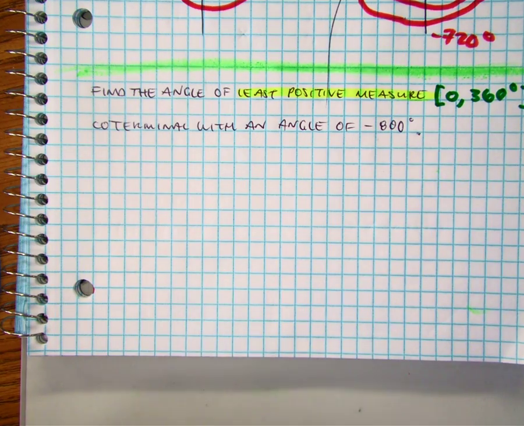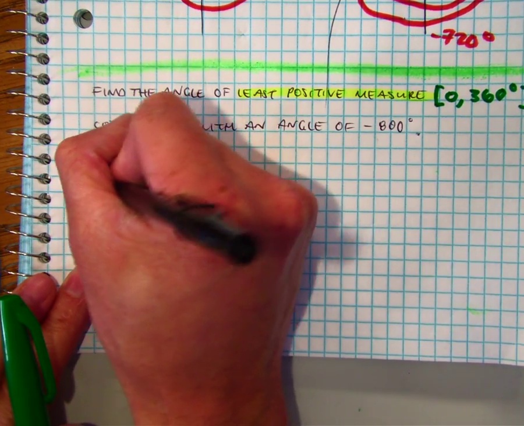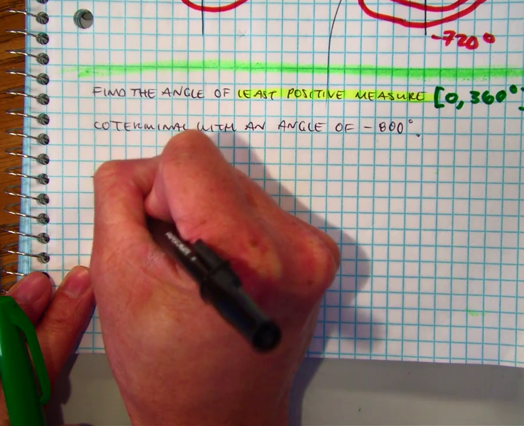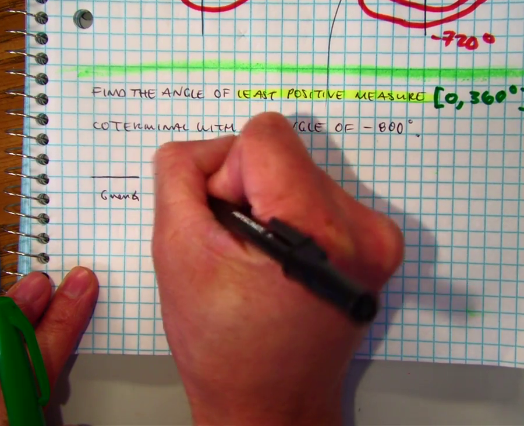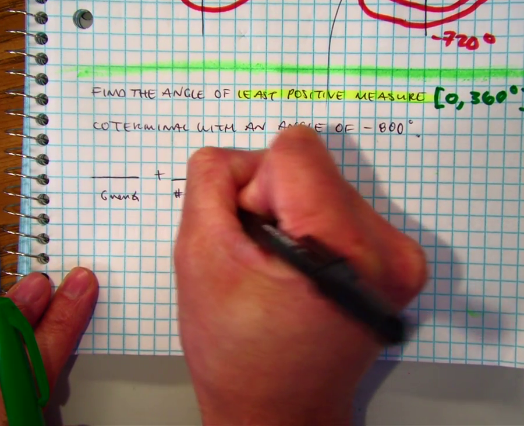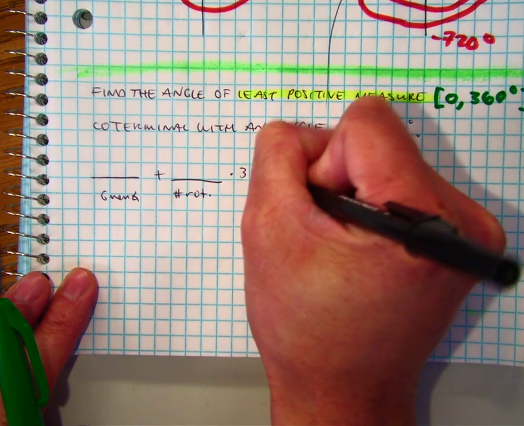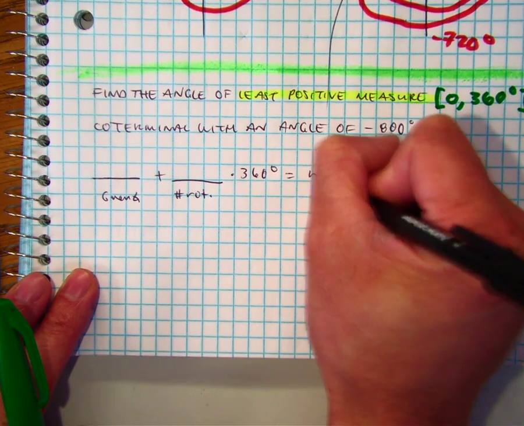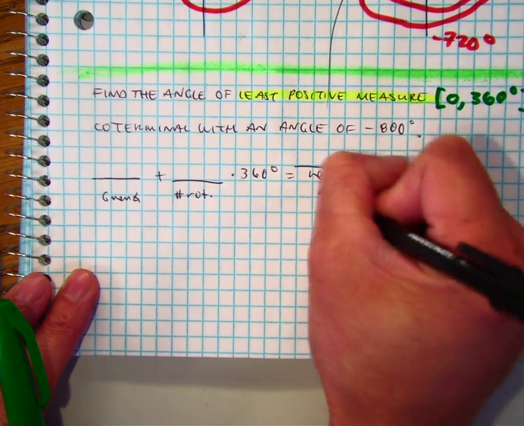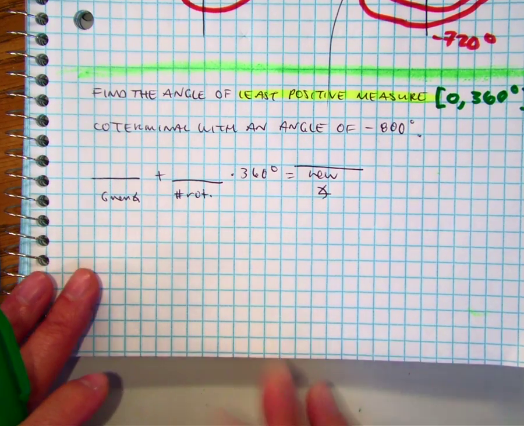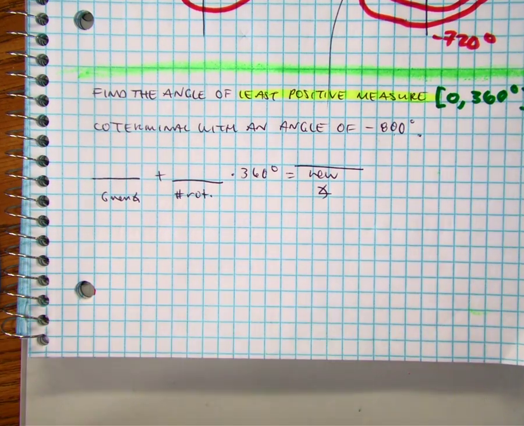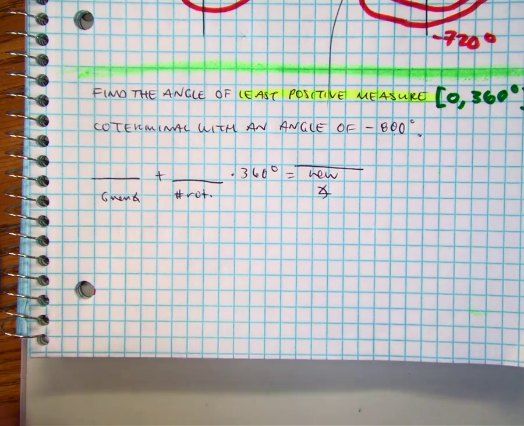Let's think about that. I can use the formula: given angle plus the number of rotations times 360 degrees equals our new angle. The given angle is negative 800.